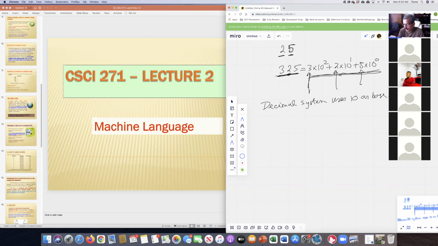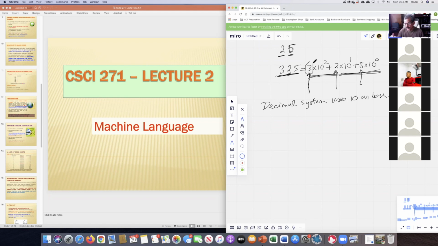And that's what binary coding system is. So we use 2 as the base, then all the coefficients will be either 1 or 0. The coefficients have to be less than the base of the system. So in the decimal system, the base is 10. So all coefficients are less than 10, which are 0 to 9.